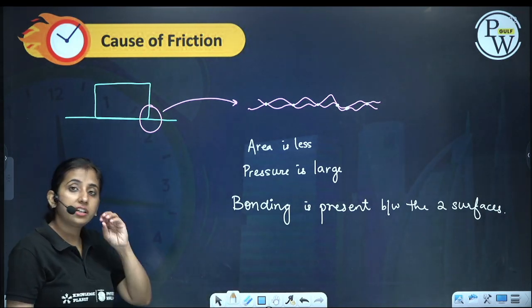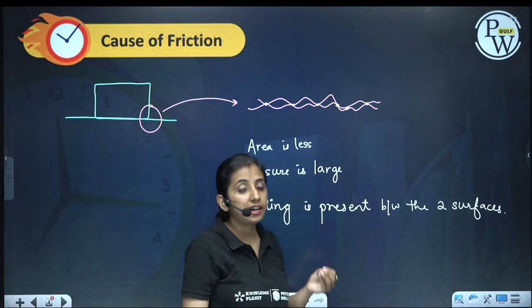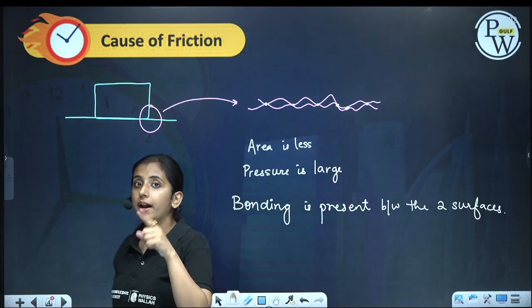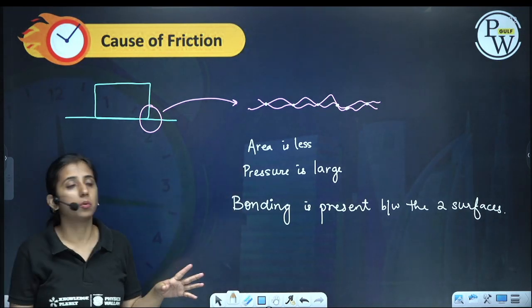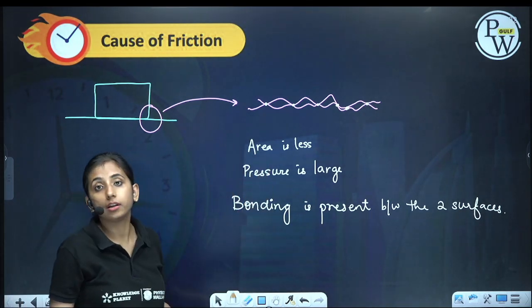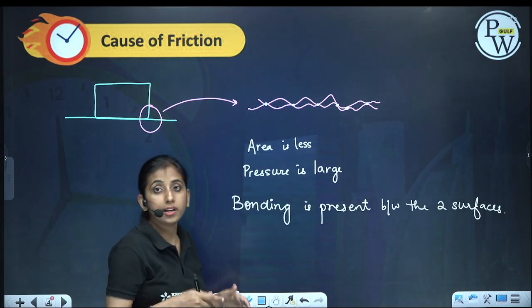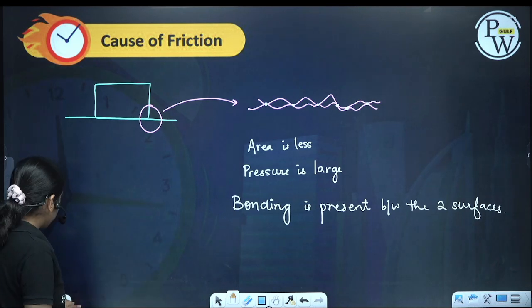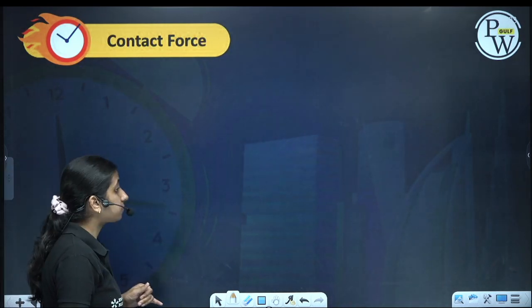So till we apply a force greater than the strength of these bondings, the body will not move. There is interlocking between these bondings, and that causes the friction. This is the cause of friction between two surfaces.